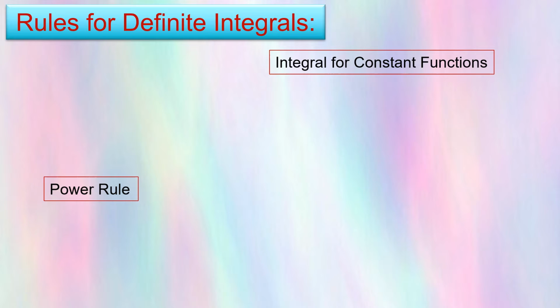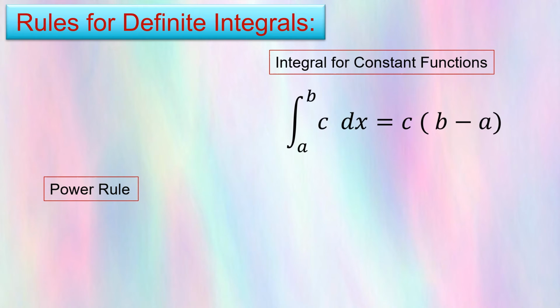So there are rules for definite integrals. The first one is the integral for constant functions. It states that the integral of c dx, where c is a constant, from a to b is equal to c times b minus a. Now let us look at the power rule.